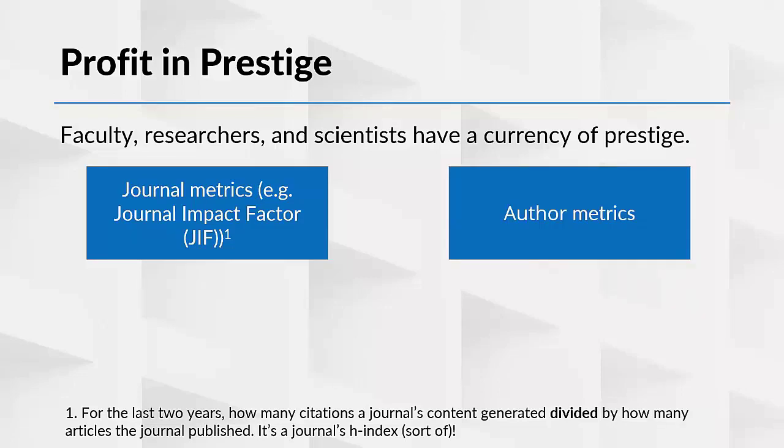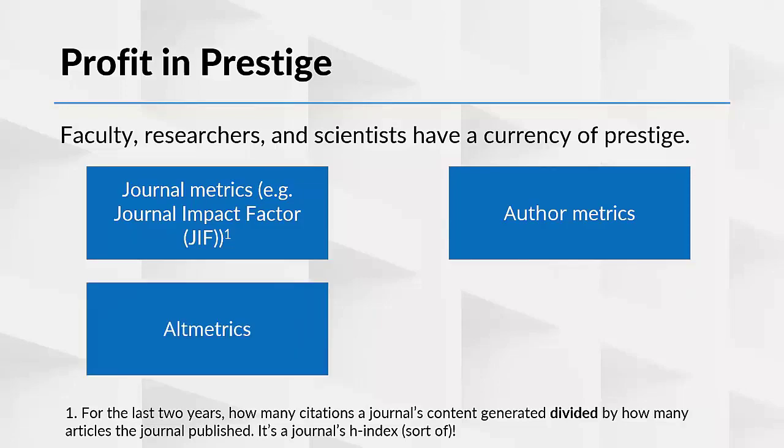So how many citations does someone have? You may have heard of someone's H index. That's what we're talking about with author metrics. It's also altmetrics, which basically stands for alternative metrics.